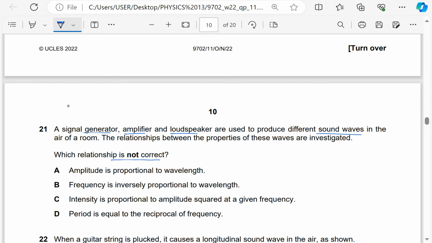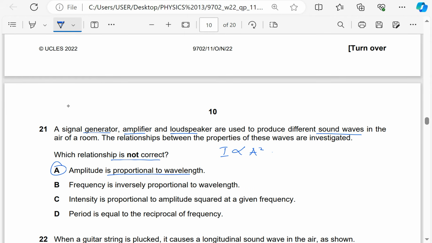Which relationship is not correct? The amplitude is proportional to wavelength. This statement is not correct. We know that intensity is directly proportional to amplitude squared. And we also know that, of course, the amplitude is inversely proportional to the square of the distance from the source. So that means the first statement is not correct.